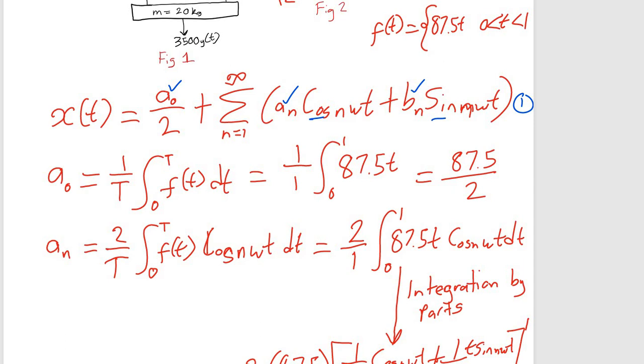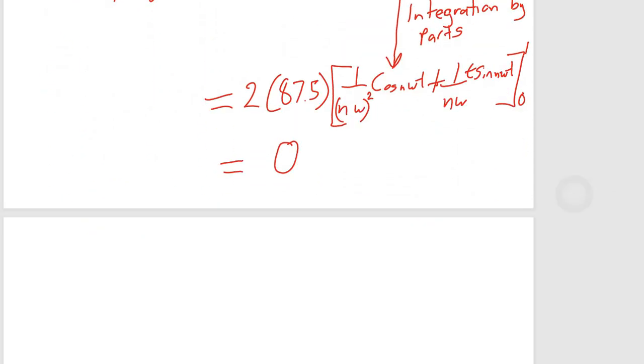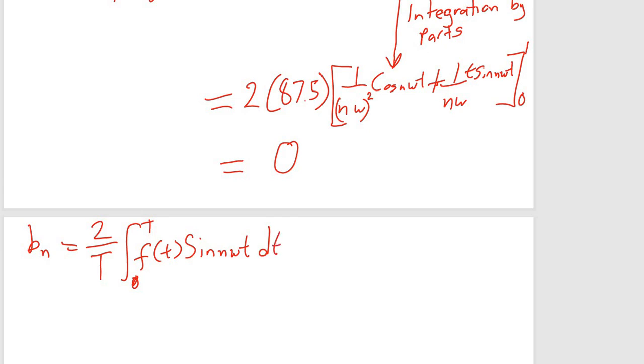Now we have to find bn. There is also an expression to find bn, which is 2 over T integral from 0 to T of the given function f of t, but now multiplied by sine n omega t dt.